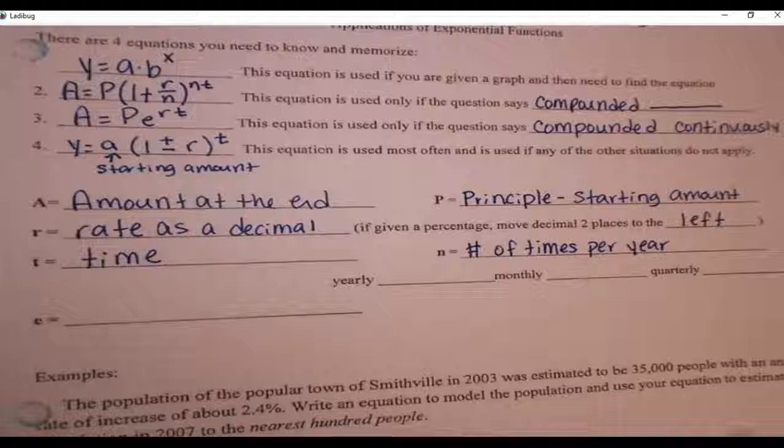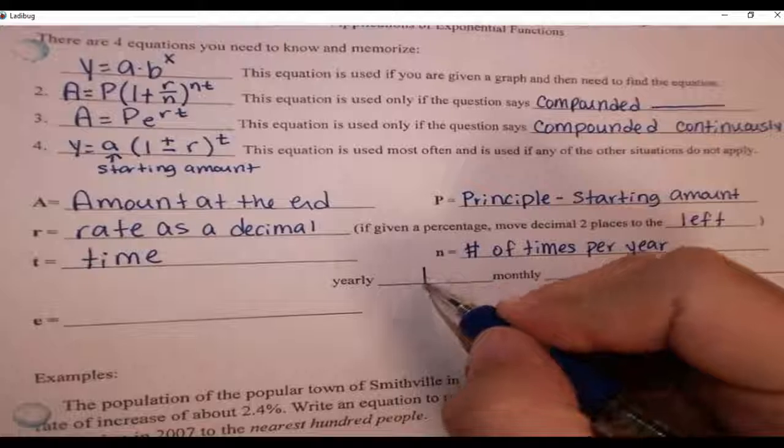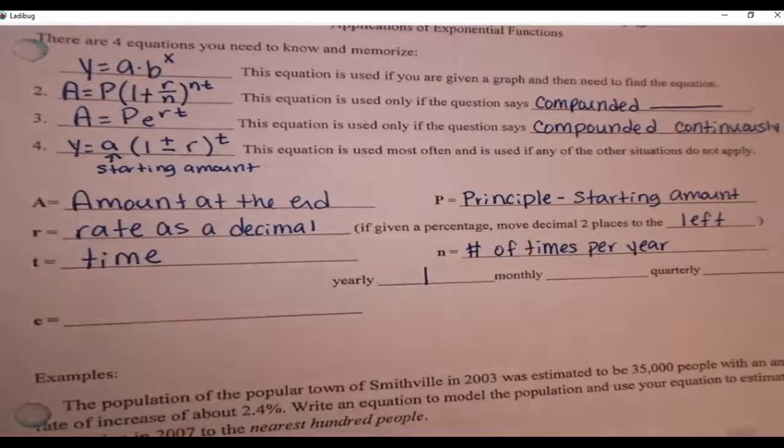So if my problem says we have interest compounded yearly, how many times a year is yearly? 1 time a year. So then our yearly would be 1. If it says monthly, how many times a year is monthly? 12.